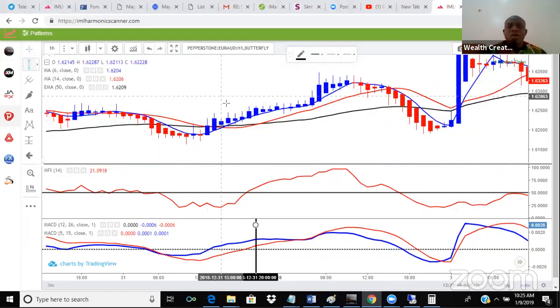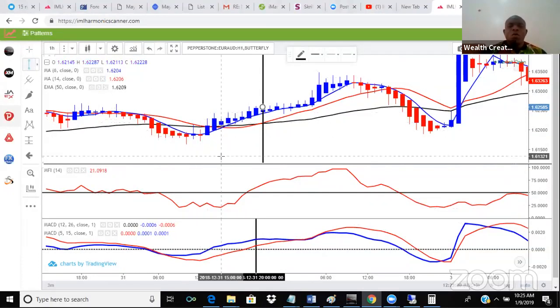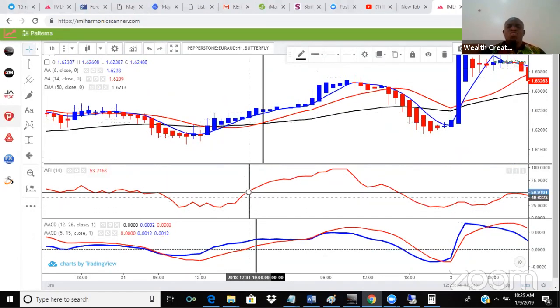I will wait until they are both above the black, which is this place. However, my money flow has also crossed up at this place. So the only time I will pull my trigger is when everything has happened. So this is the right place.